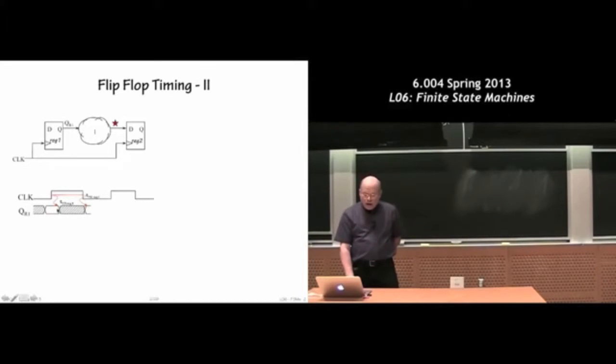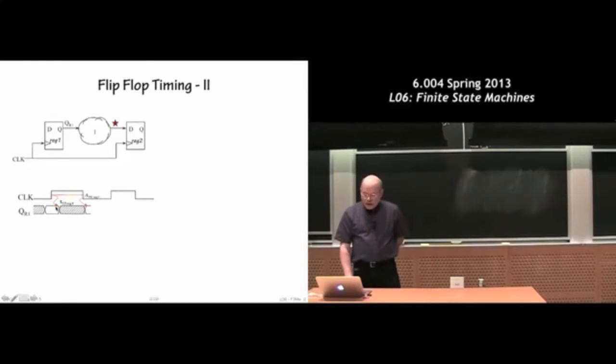At least for a little while, it's maintaining the previous state value. After the contamination delay, you can't rely on the output of the register, so that's what that little hashed lozenge means. And then finally, the output of the register becomes stable in its new state.